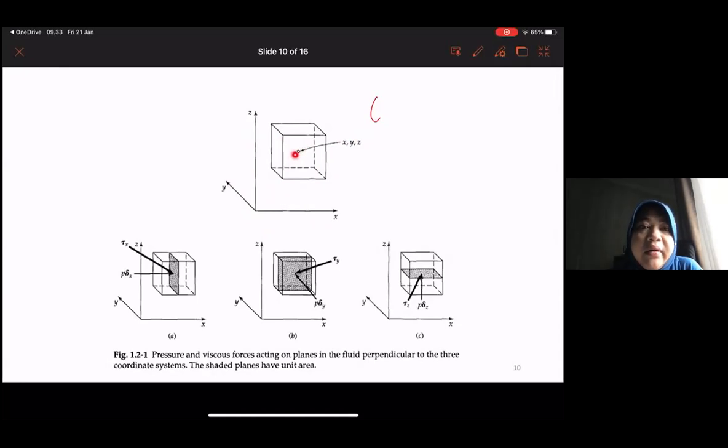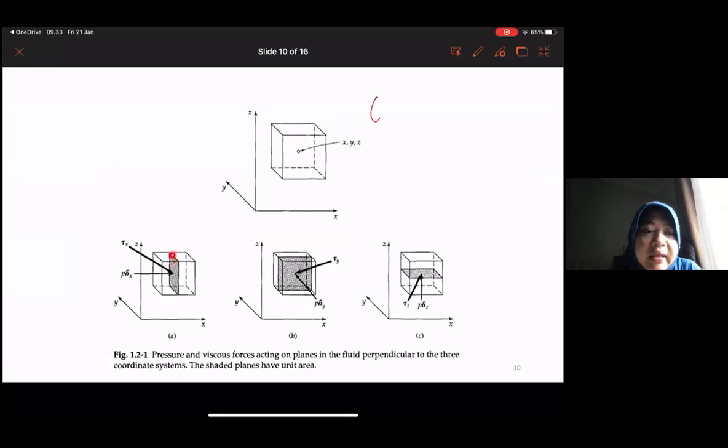In this one, this point can get pressure from any other sides.